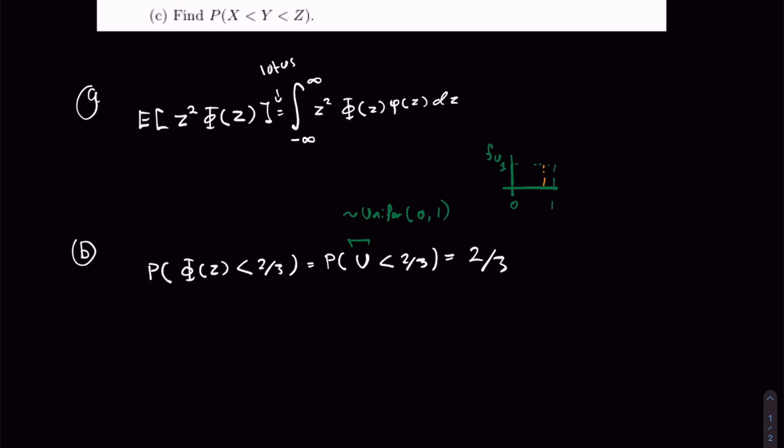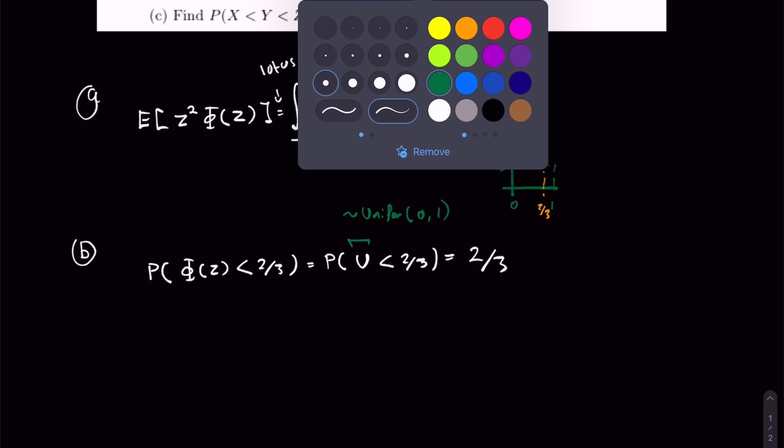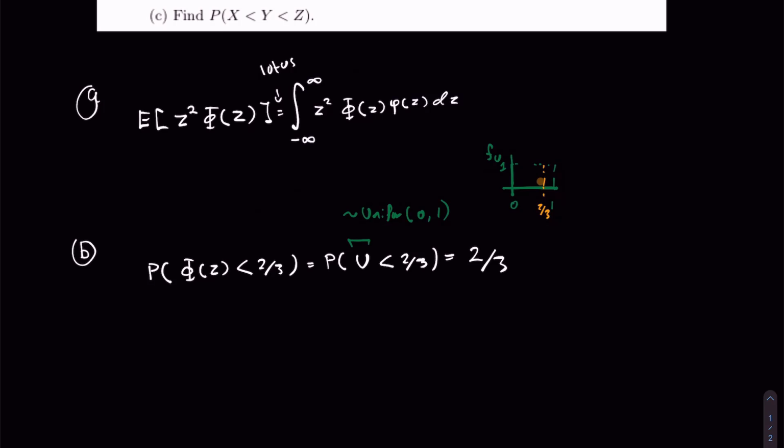The 2/3 is just here, and we want the probability of this space divided by this whole space over here, right? And that is 2/3.